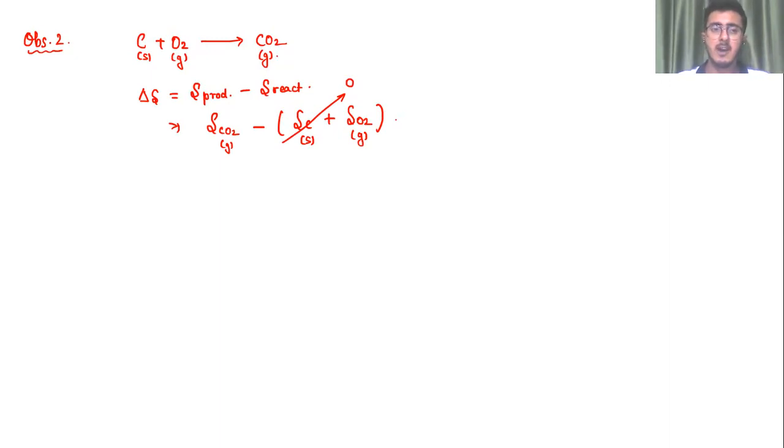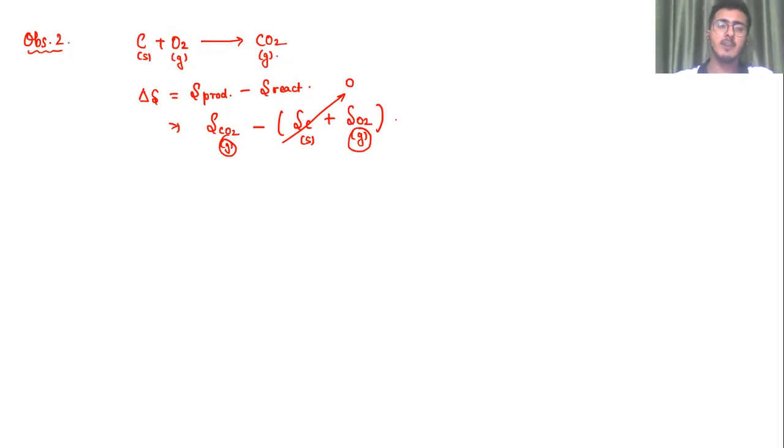Okay. Now in this case, since both carbon dioxide and your oxygen are in the gaseous phase, their entropy value will be somewhat similar, right? Although they are not exactly equal because of the different atoms and atomic energies, in the gaseous phase the entropy value will be approximately equal.